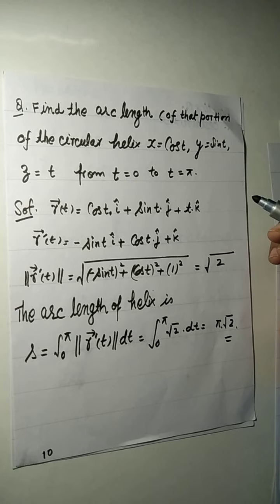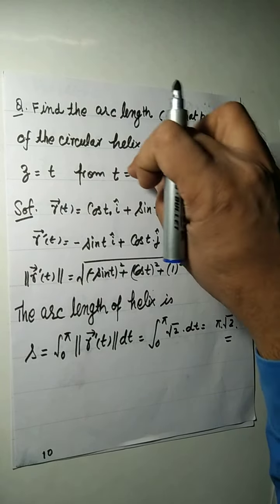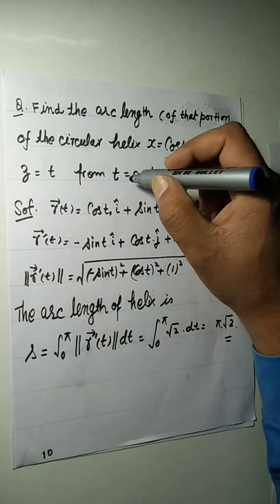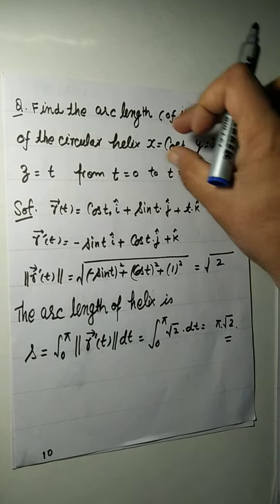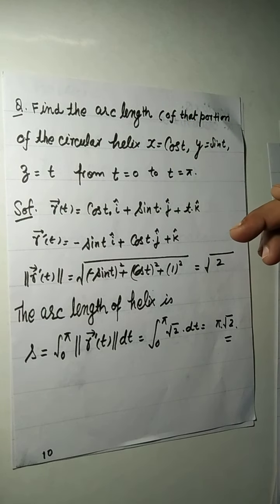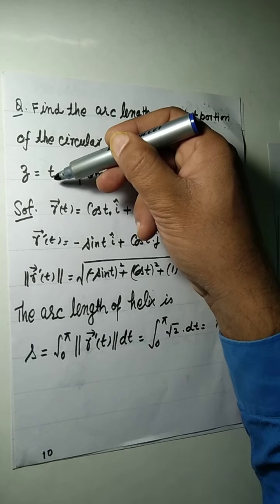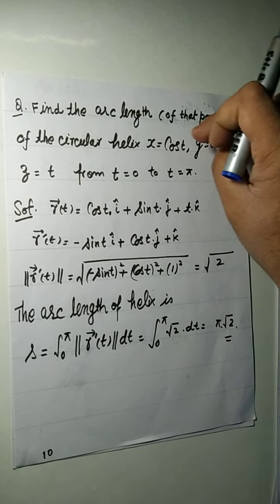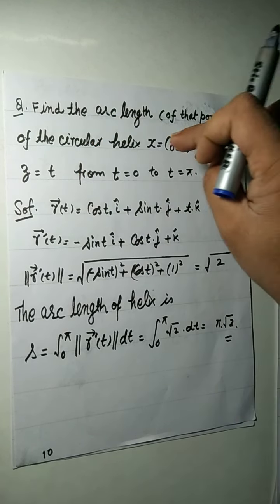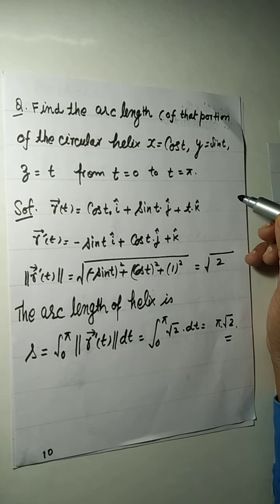As we have discussed, we will obtain the arc length. So it is given here, we have to obtain the arc length from t equals 0 to t equals pi for this circular helix. It is a helix because we have z equals t as a parameter. So if we draw it, we will obtain a helix that will be circular type.